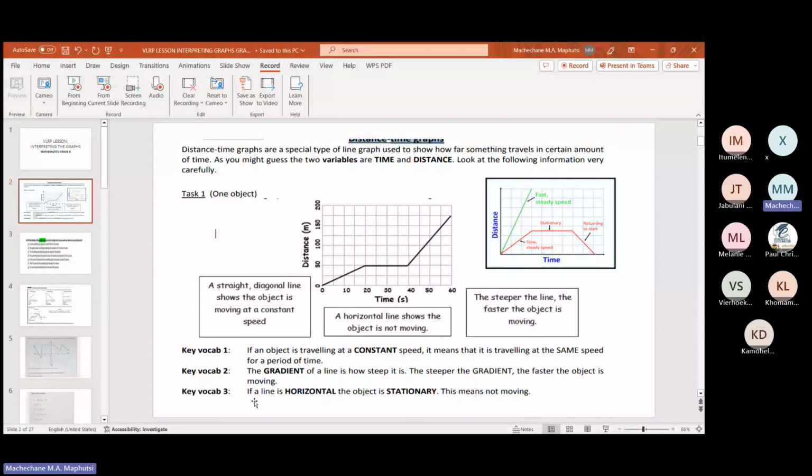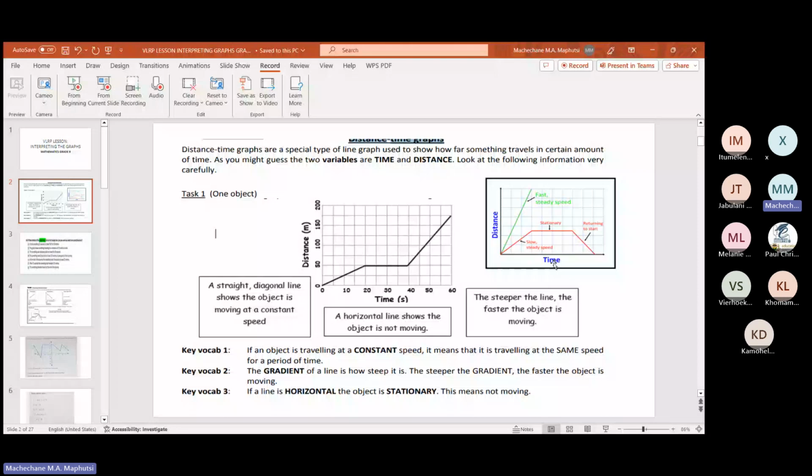Okay, so one other feature is that, like I said, if a line is horizontal, like from 20 to 40, the object is stationary. This means that the object is not moving. So now let us look at the diagram on our far right. There we have a scenario of distance and time.